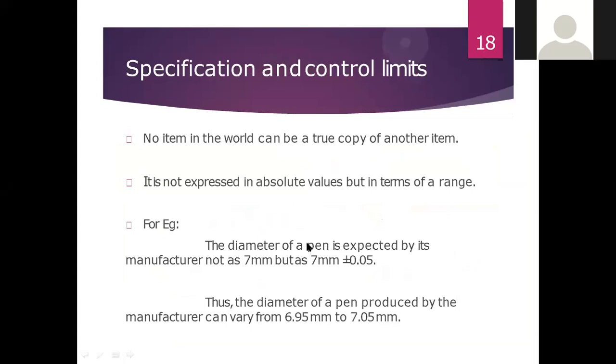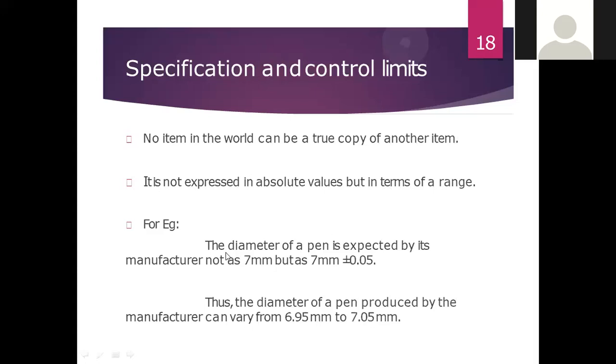One example here they have given of the variation. This variation is expressed in range, not absolute values. Here you can see it is not expressed in absolute values, but in terms of range. They will give a range.